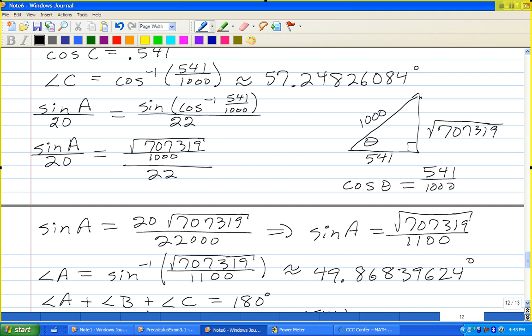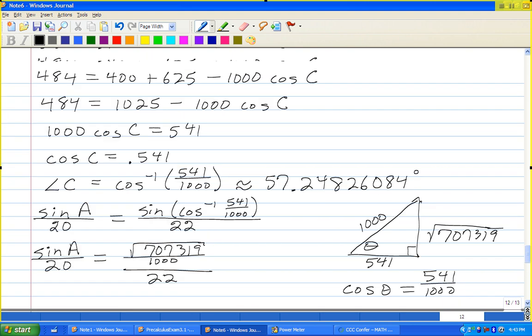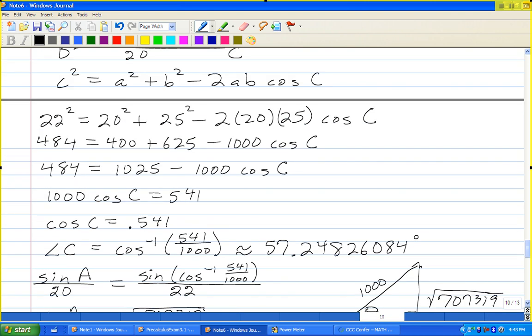Square root of 707,319 divided by 1,000. Arc sine. Okay, wait 1 second.